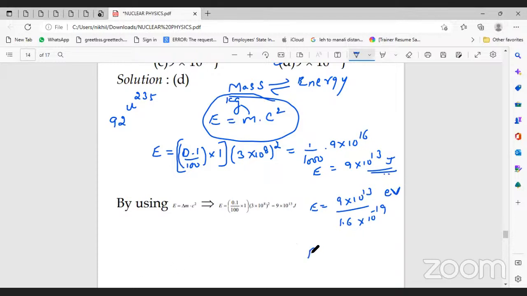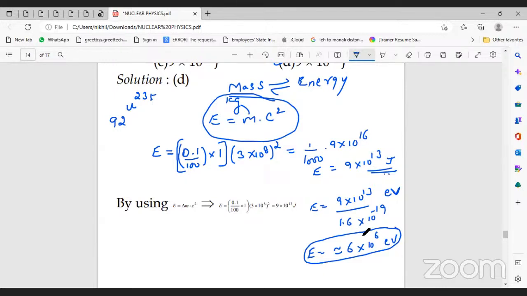So 9 by 1.6 is approximately 6, into 10 power, when minus 19 comes up, it will be plus 19. Plus 19 plus 13 gives 6 into 10 power 32 electron volt. So this is the energy in electron volt. Instead of expressing in joule, they may express it in electron volt also.